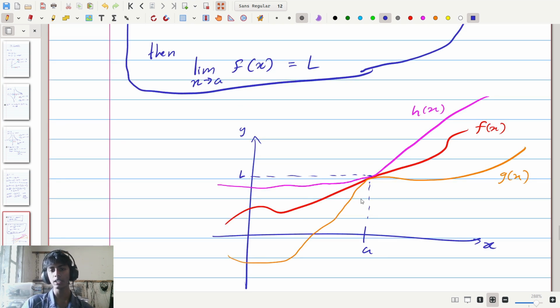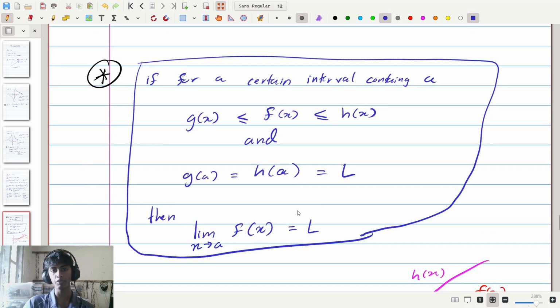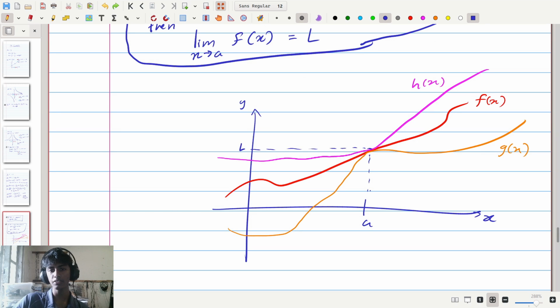It's just a simple demonstration that if for a given interval f(x) is between h(x) and g(x), and that interval contains a value a such that h(a) is equal to g(a), that is equal to some value L, then the value in the middle should also be crushed in between these two functions and should approach the same limit L. You can see that since f(x) is between these two functions, as the two functions converge onto this point here, f(x) is kind of crushed, it's squeezed between the other two functions, hence the name, the squeeze theorem.